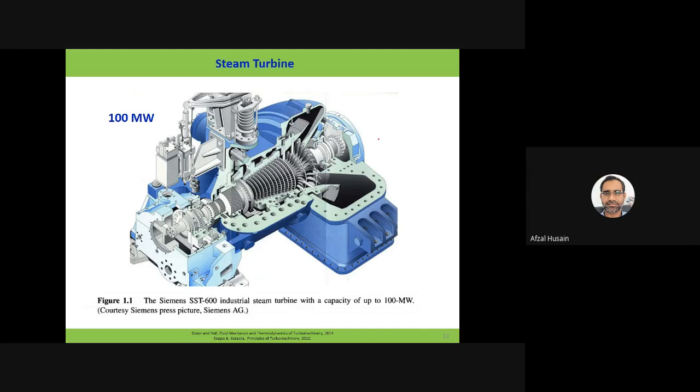Wherever they are installed, either in Oman, UAE, or Saudi Arabia, they install it and even take the service contract for maintenance also. So this is 100 megawatt. Steam turbines are usually very high power producing turbines, and a single unit itself can produce 100 megawatt and more.